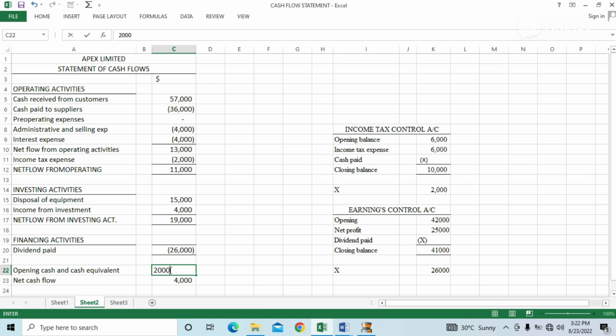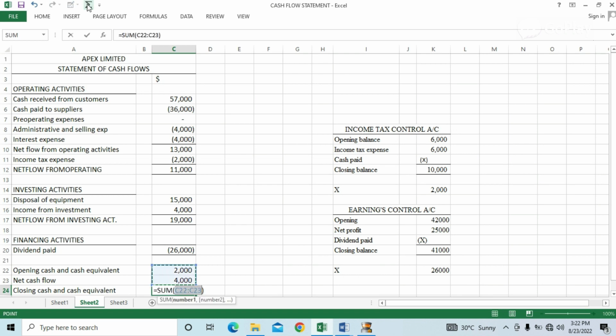Then the net cash flow is 4,000. So let's try and see if we add these two, whether it will give us the closing cash and cash equivalent. If not, then we are wrong. So let's add these two. 2,000 plus 4,000.